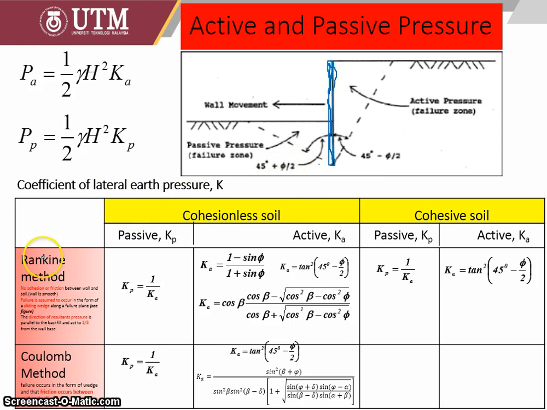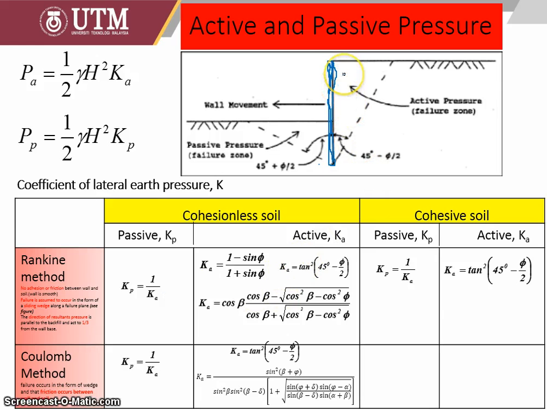So if you look at the big picture of active and passive pressure, we can divide them into cohesionless soil with active and passive conditions, and similarly cohesive soil with active and passive conditions.